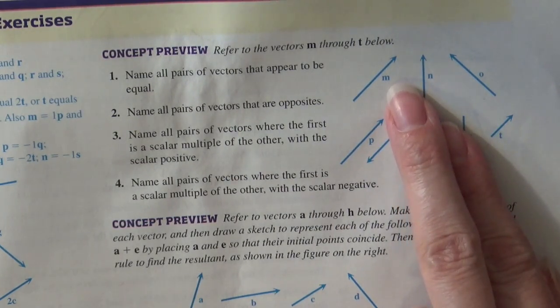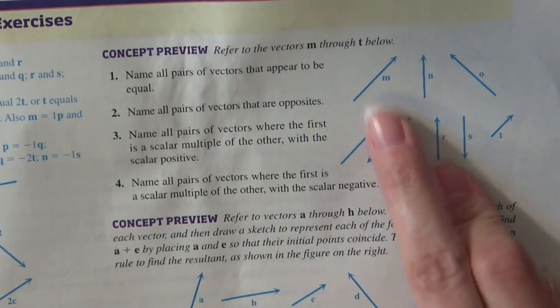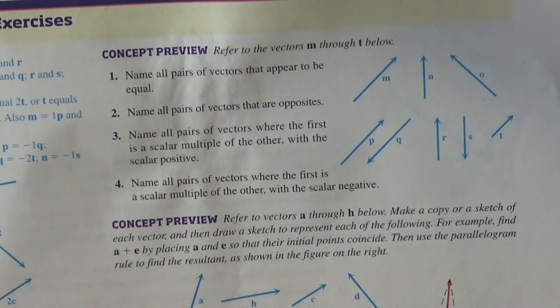So if you multiplied 1 times M, you'd have scalar 1. So vectors P and M would be scalar multiples of each other as well.